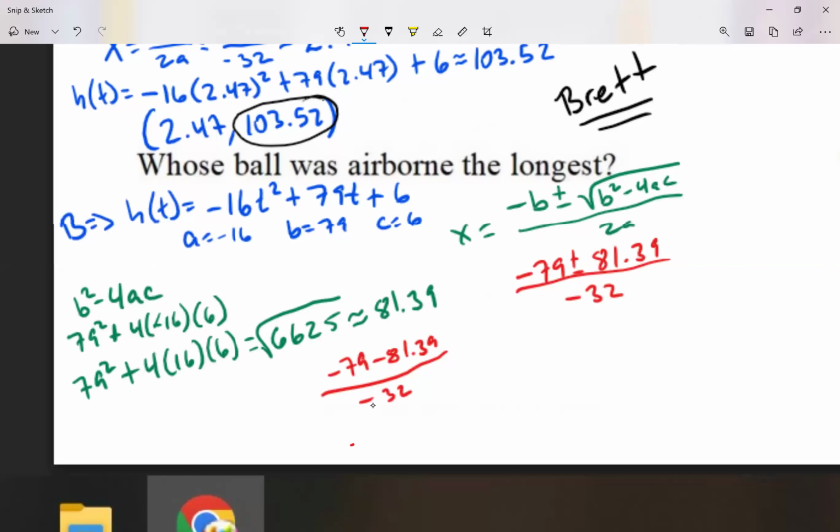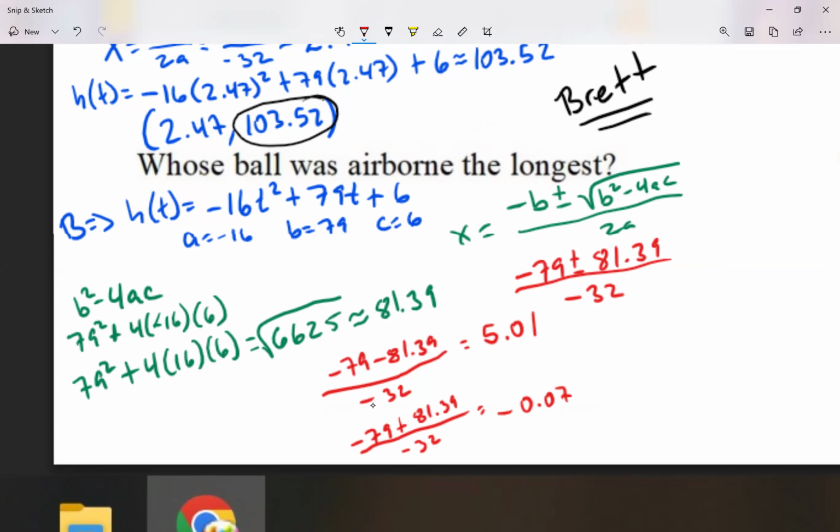My other zero is negative 79 plus 81.39 divided by negative 32. My answers here are 5.01 and negative 0.07. Okay, those are my two zeros.